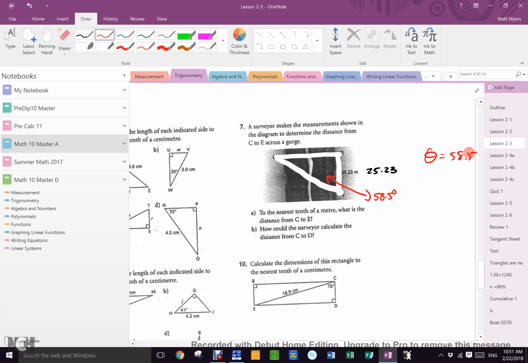But for you guys, we leave them as decimals sometimes. Everybody with me? In reality, this angle is 58 degrees, 30 minutes, because we measure degrees in minutes and seconds like we do time. But don't worry about that. Just use the 0.5. Everybody cool?